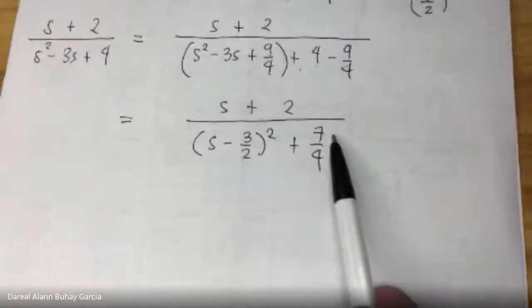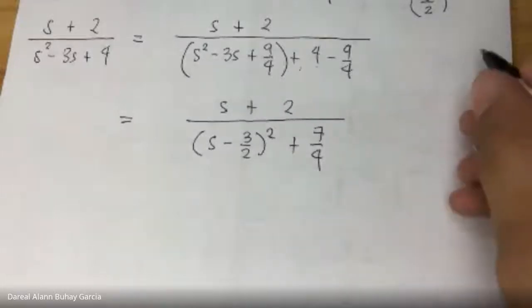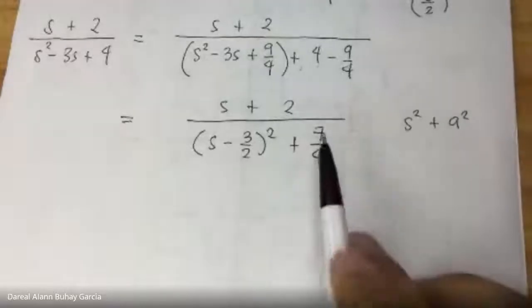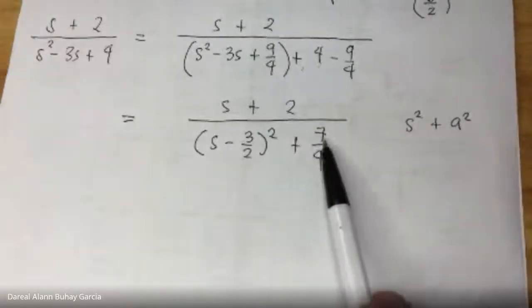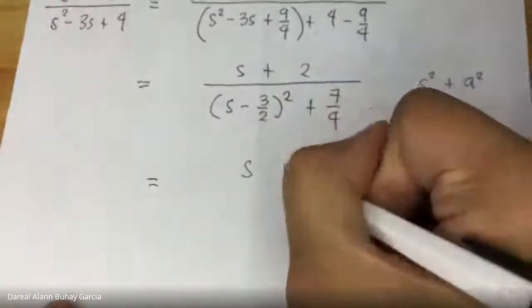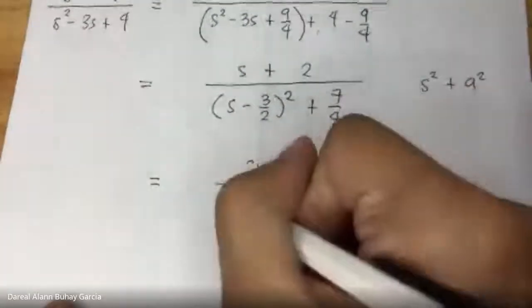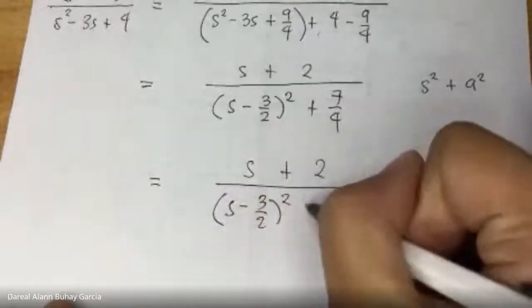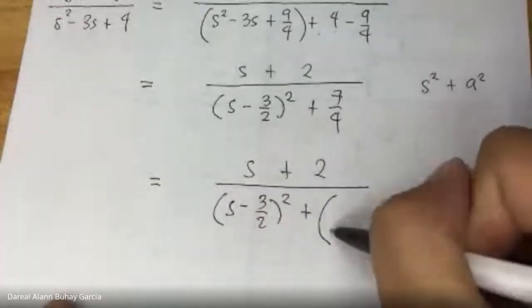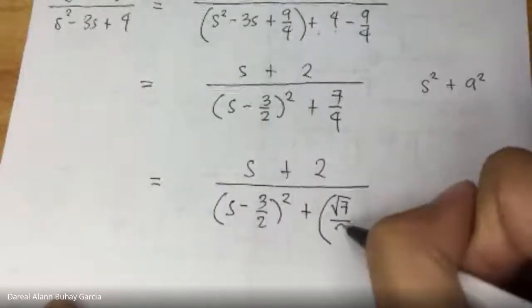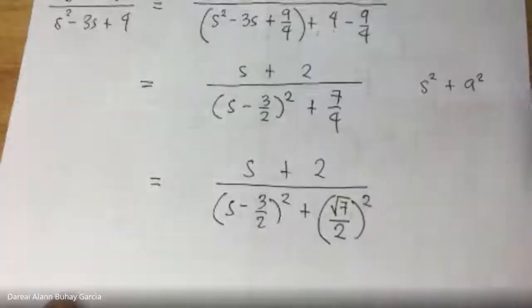Now, para mahimo ni siya of the form, para bitaw ang denominator of the form s squared plus a squared, ato ni siyang i-manipulate. Okay? S plus 2 over s minus 3 halves squared plus square root of 7 over 2 squared.